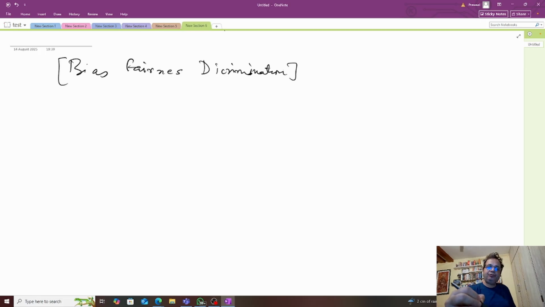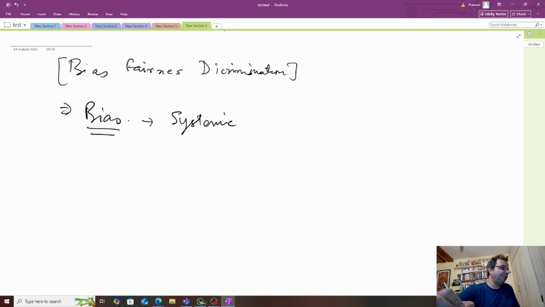let's focus more on the ethical point of view, so we understand, just for putting everybody on the same page, what is a bias. Bias is a systemic deviation from what is actually expected.